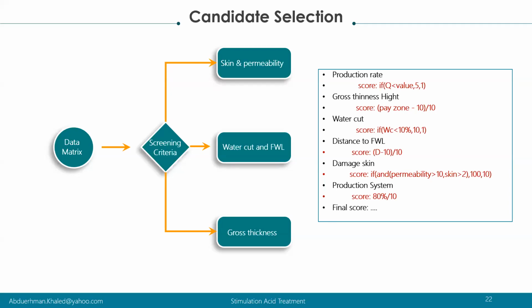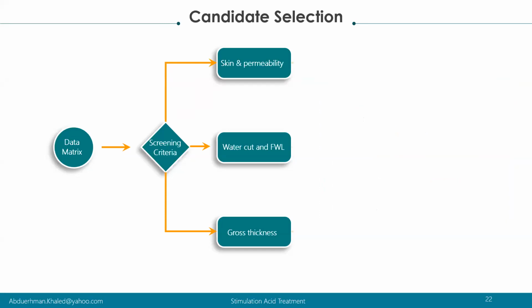By this way, you took all the parameters that are needed to analyze the probability of success in terms of candidate selection. Now after you give a score for each well, based on all the parameters that we have been talking about, you end up with well ranking.